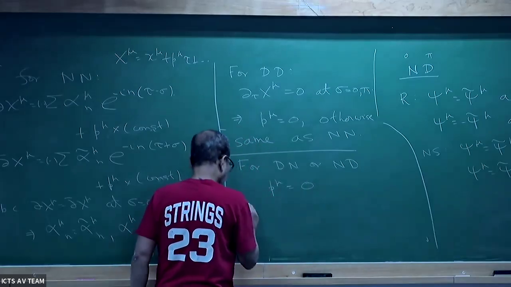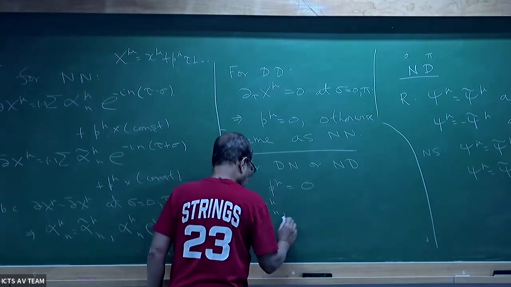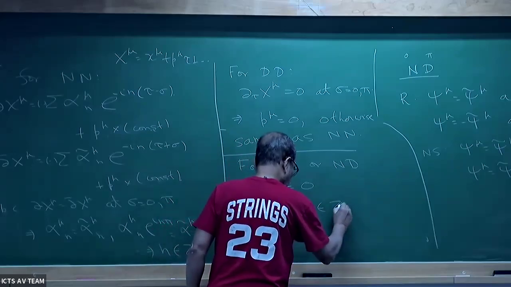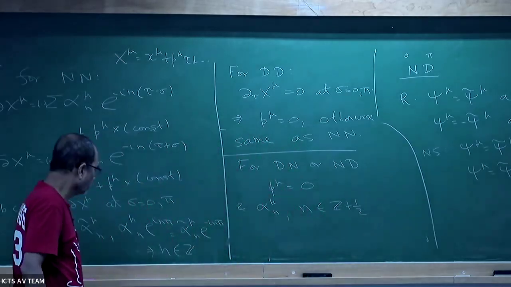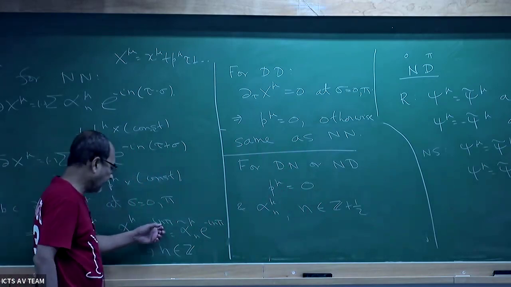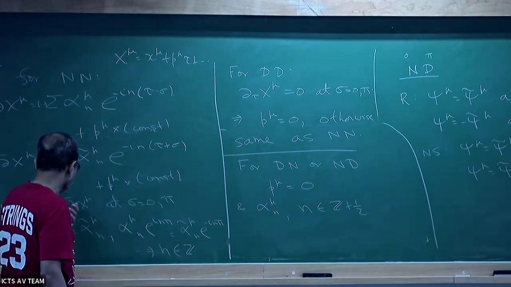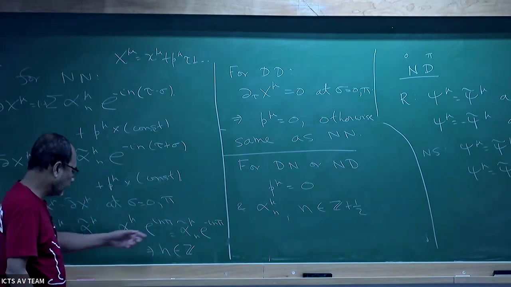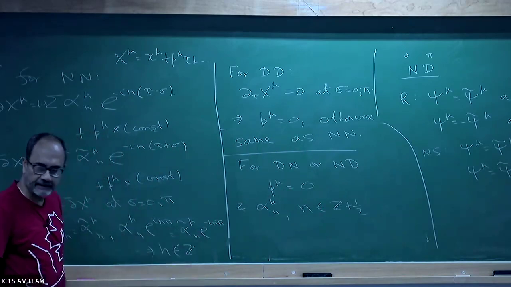And the modes will be half integer, alpha mu n with n belonging to Z plus half. The argument is exactly the same as what we had earlier. Basically, there will be an extra minus sign. If at the 0 end you have the Neumann boundary condition and at the pi end it is Dirichlet, there will be an extra minus sign here, and that will make n half integer.